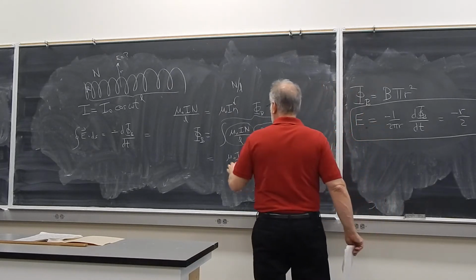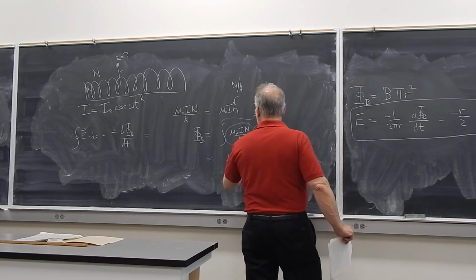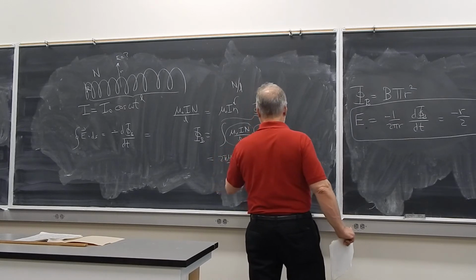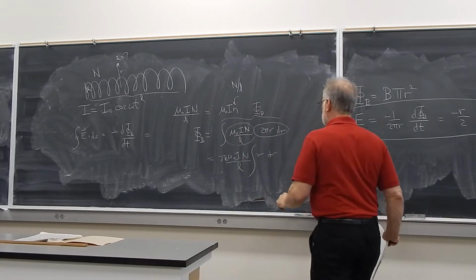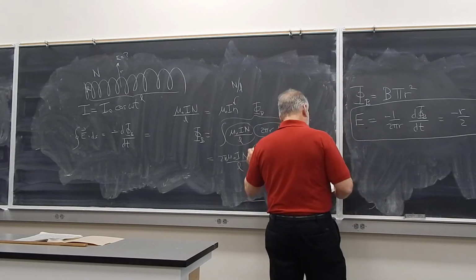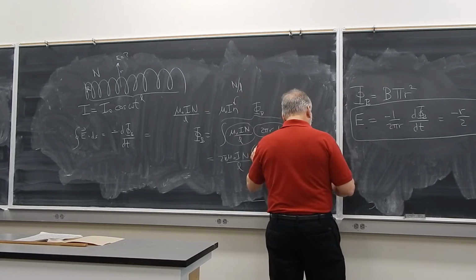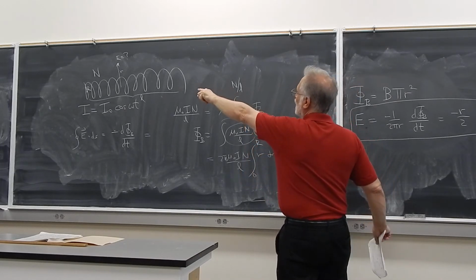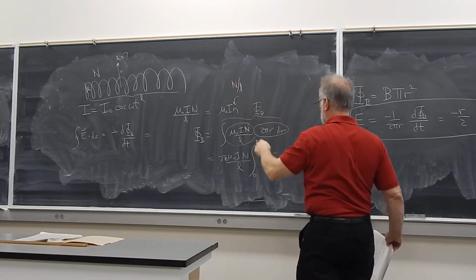And when I integrate this, I'm going to get mu naught I N over L times 2 pi r dr. I'm going to integrate that from 0 out to, I'm sorry, big R, because I'm integrating the entire size of the solenoid, since I'm interested in the field outside the solenoid.